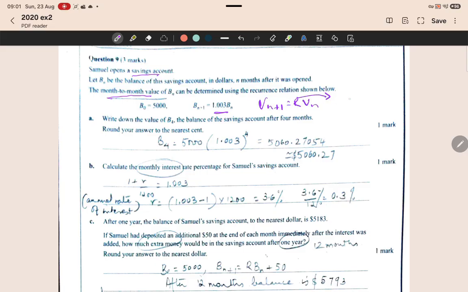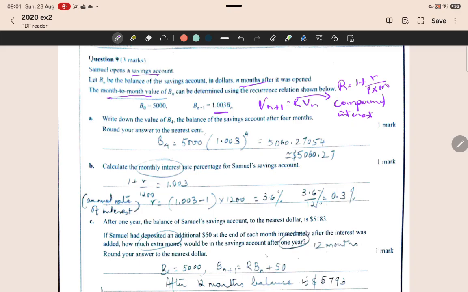This tells you that it's a compound interest question and it's a geometric growth. So that 1.003 is equal to 1 plus R over, because it's monthly, its normal formula is P times 100, where P is equal to 12.